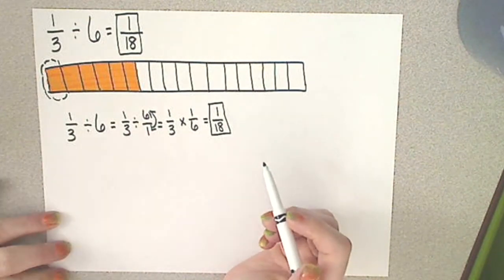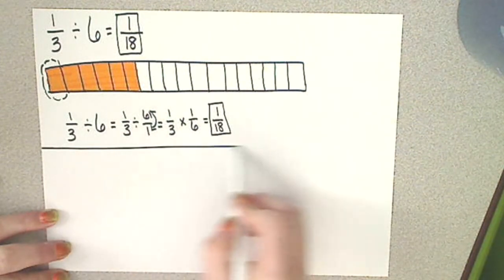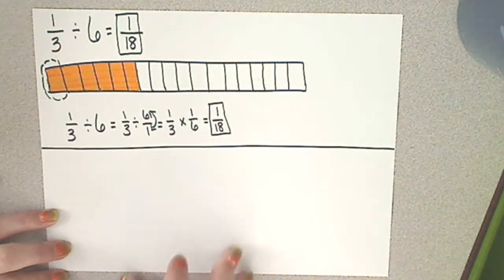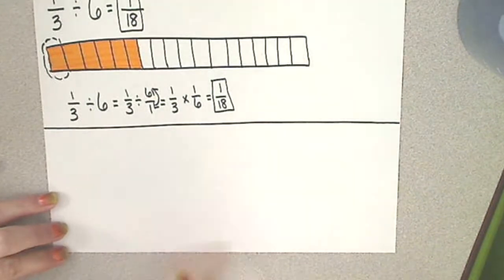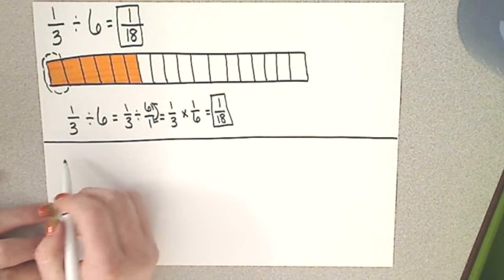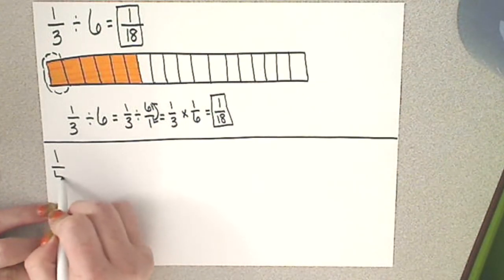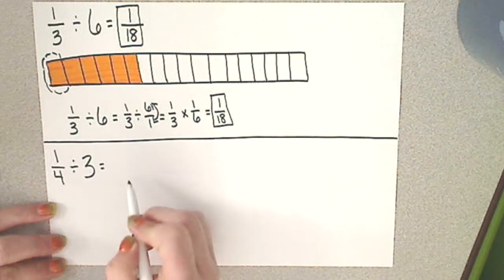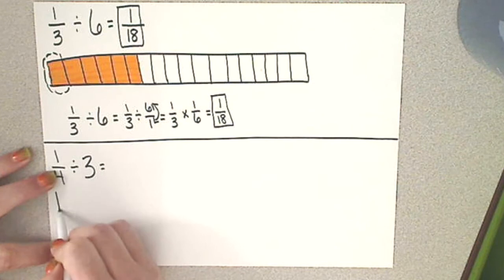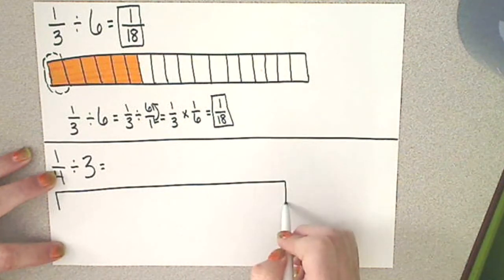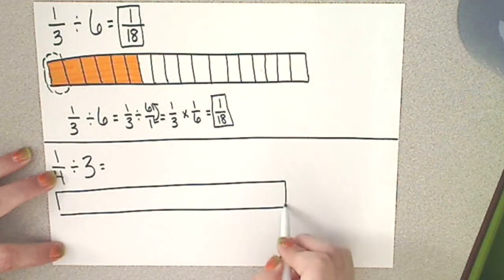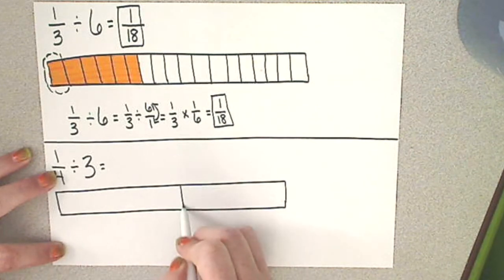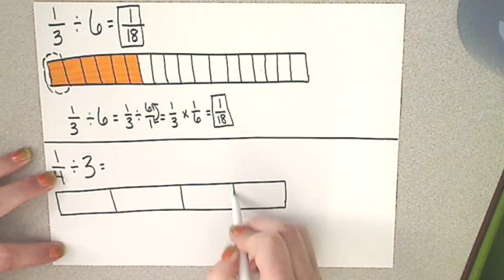All right. Let's look at our next example. We're going to take 1/4 and divide it by 3. There's halves and 4ths.